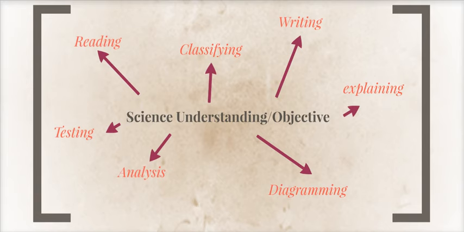It could be the gathering could be testing, and then the reasoning could be some sort of analysis of our data. And then the communicating could be diagramming that data in a graph of some kind and explaining it, or just explaining it to somebody. So it comes in a variety of forms, that gather, reason, communicate process.